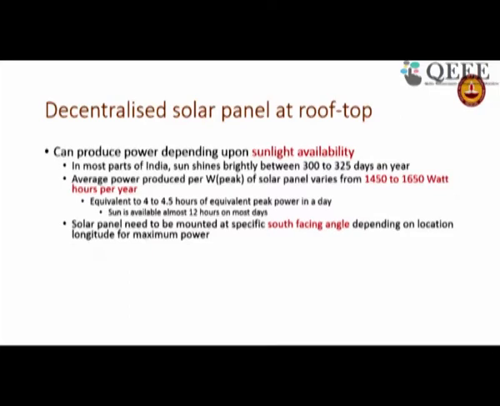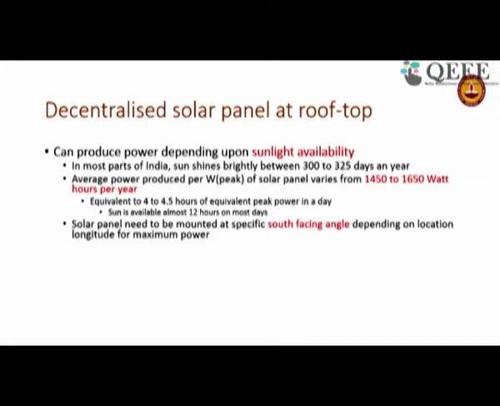Let me come to India and talk about what I am trying to say. In India, we are lucky that there is plenty of sunlight availability. In most parts, there are a few parts which are very rainy and all that. In most parts, it's between 300 days to 325 days a year, and typically about 12 hours a day.